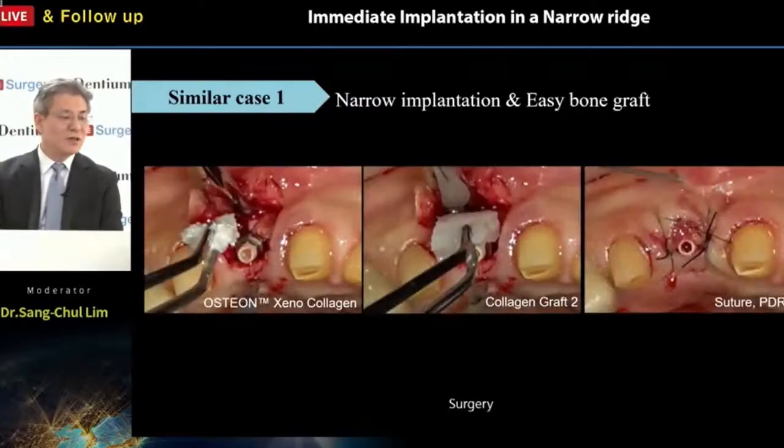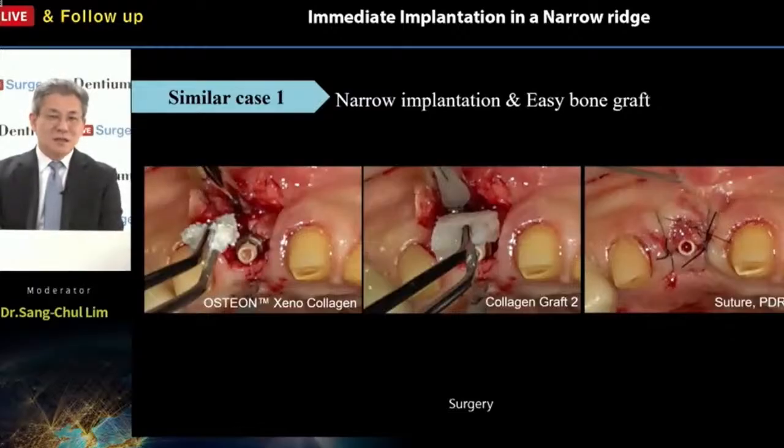For bone grafting, we use this osteogenic collagen as the bone grafting material. This xenograft material, collagenated bone, gives us the advantages of both graft material and collagen.